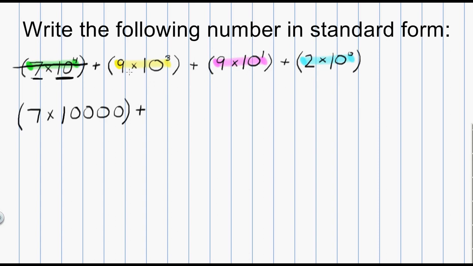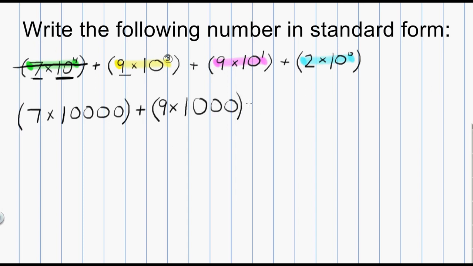Going to my next expression, bring down the parentheses, bring down the 9, the multiplication sign, and for 10 to the 3rd power, I'll put a 1, and because it's the 3rd power, I'll put 3 zeros. So 1, 2, 3.